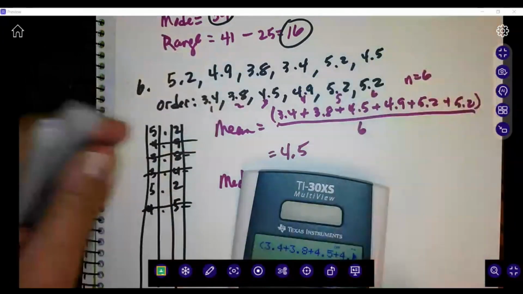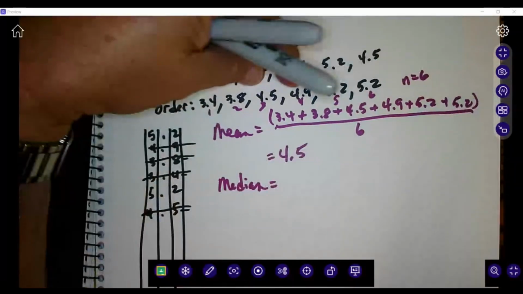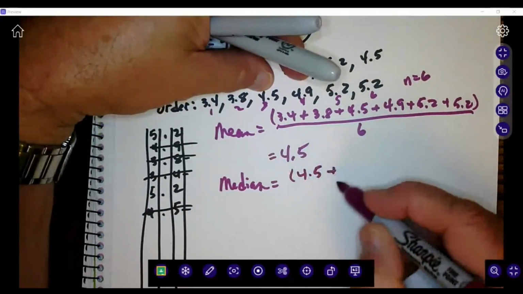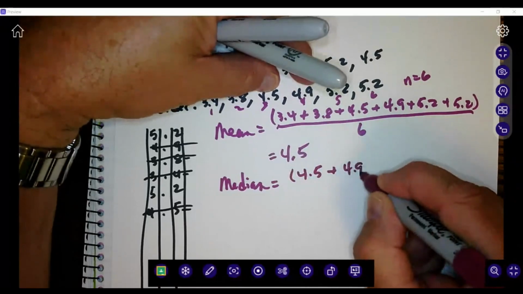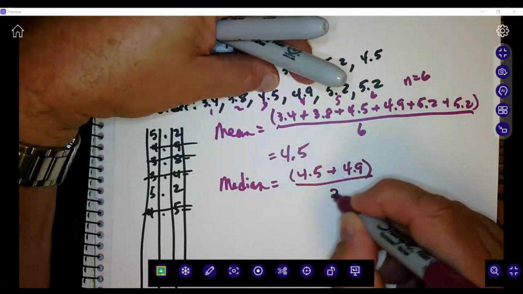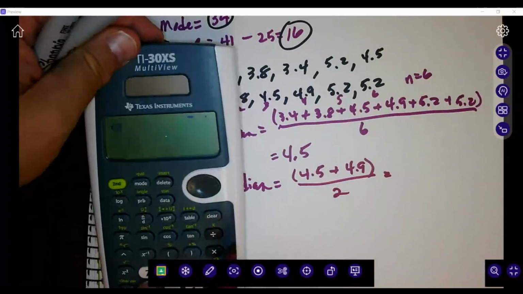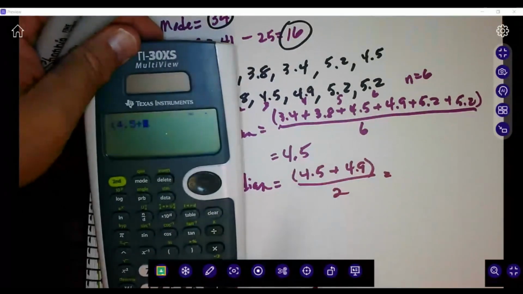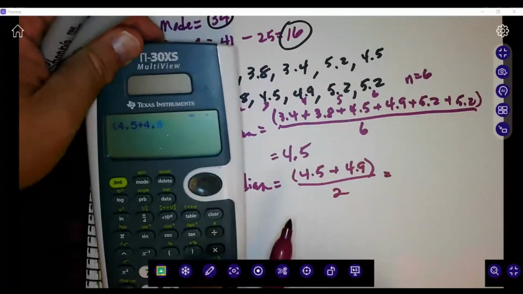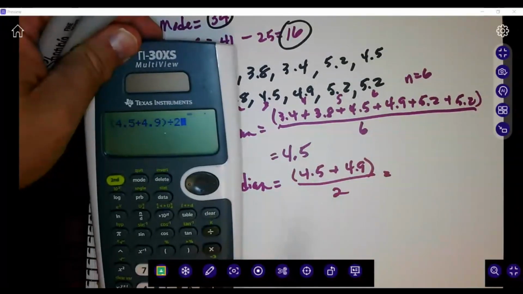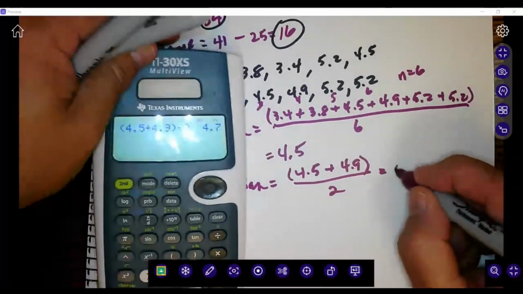So I've got to find the average of those two. So I've got to take 4.5 plus 4.9 and divide it by 2 items. So on my calculator, I'm going to hit parentheses 4.5 plus 4.9 close parentheses divided by 2, enter, and I get 4.7.